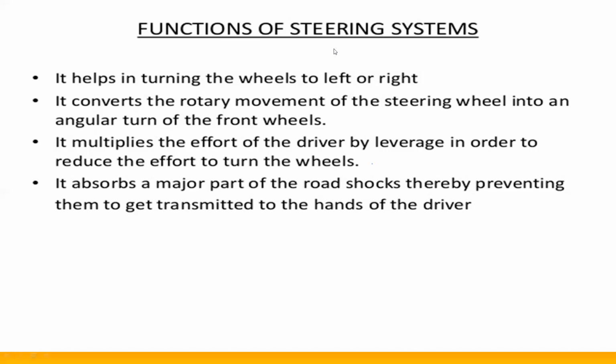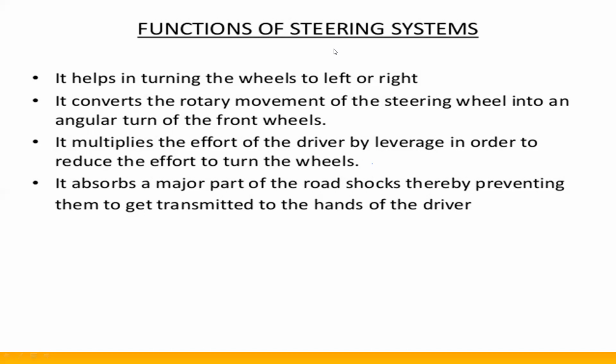The steering is very important. It converts the rotary movement of the steering wheel into an angular turn of the front wheel. The steering wheel is placed in the human hand, and the human operates that steering.